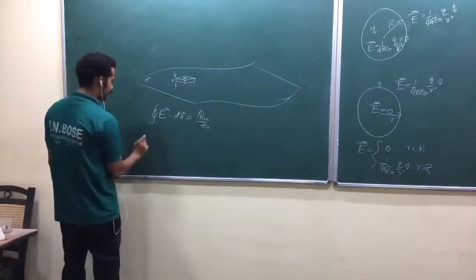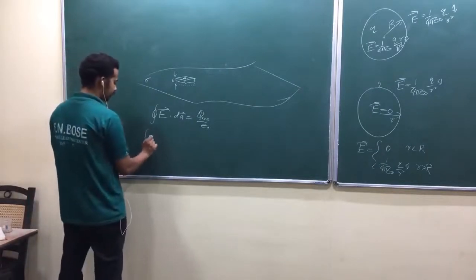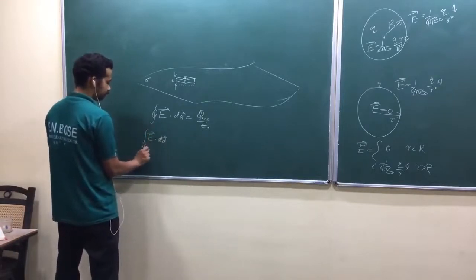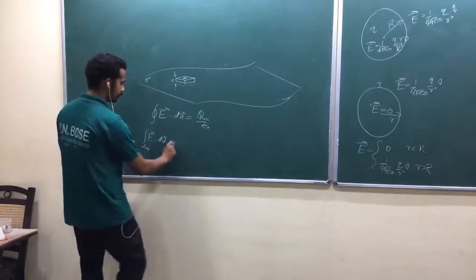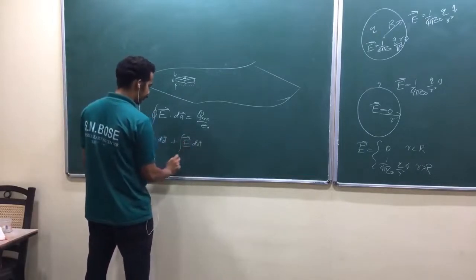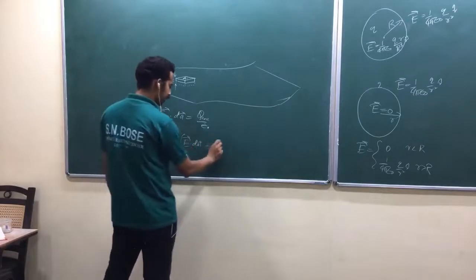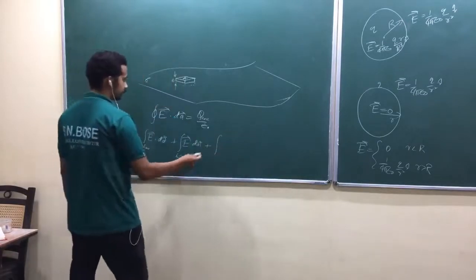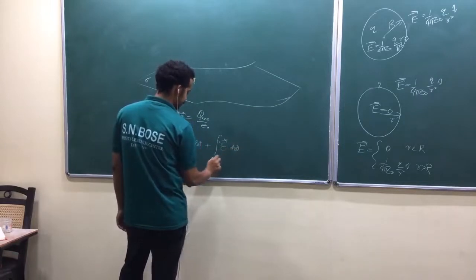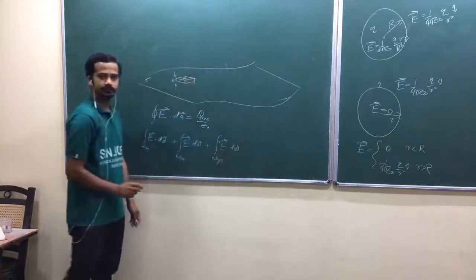That's why I'm going to write E bar dot dA bar above, plus E bar dot dA bar below. If you are not satisfied, let me write E bar dot dA bar for the edge too.